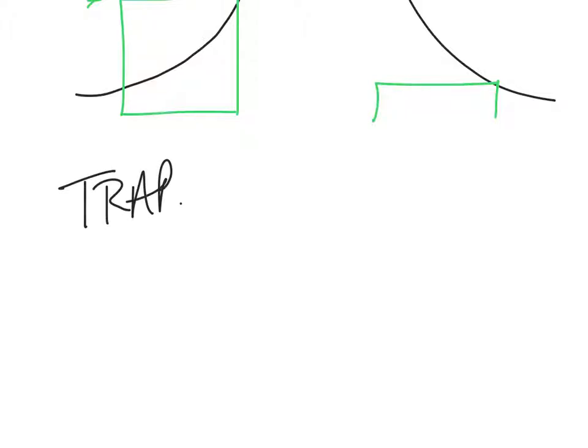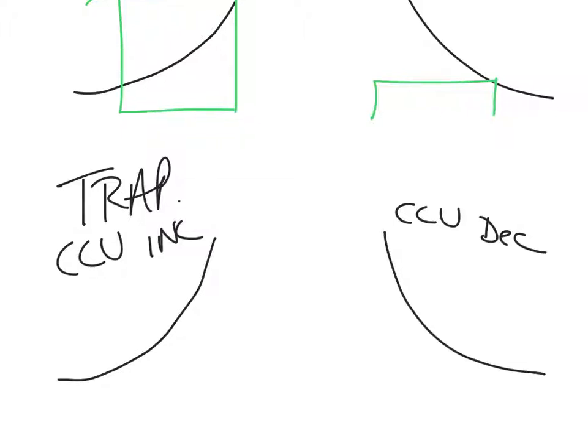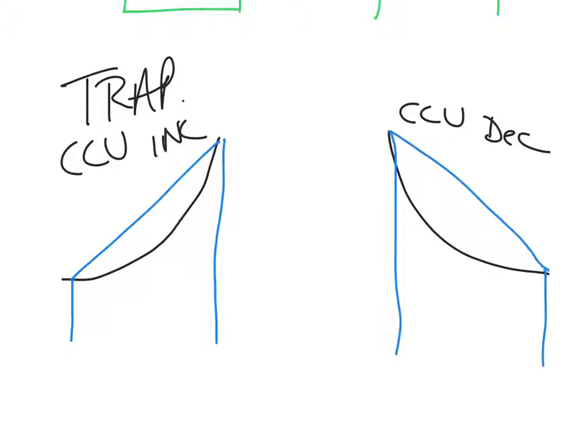Okay? So let's draw two concave up, one that's increasing and one that's decreasing. Okay, so now when I go into my trapezoid, remember going up on the left, up on the right till I hit the curve and make my trapezoid.